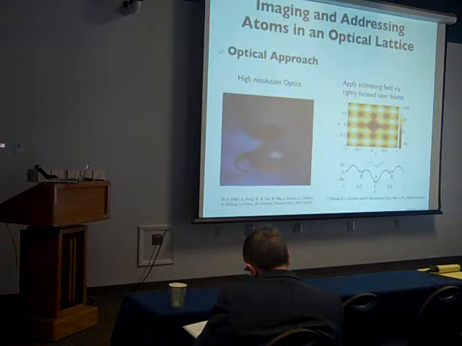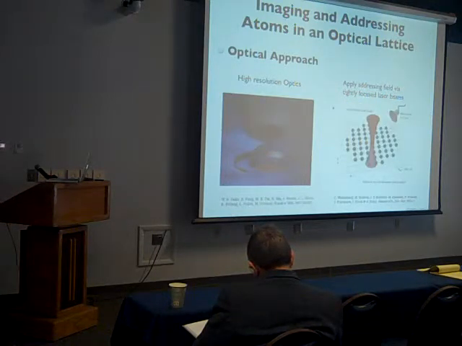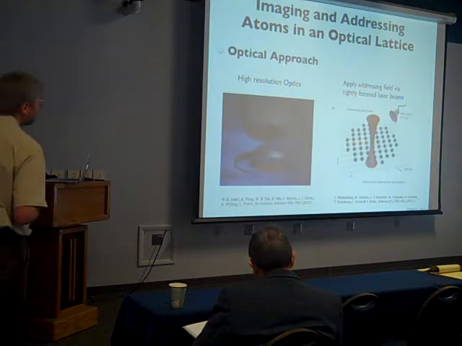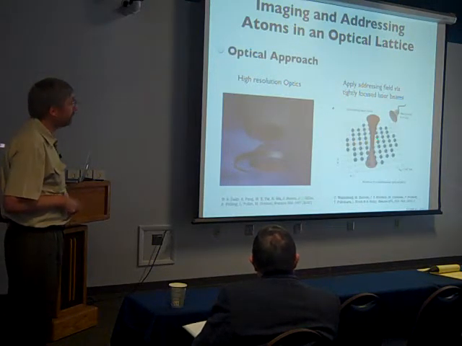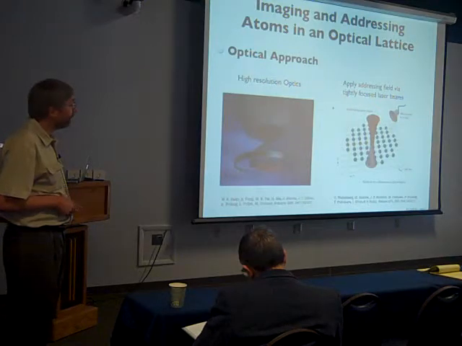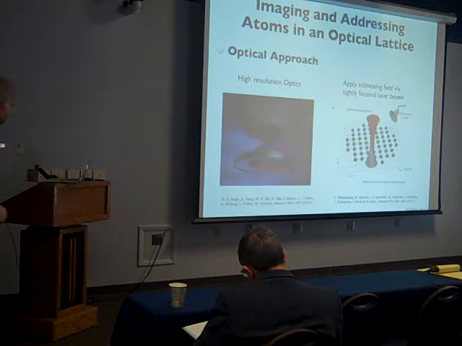Then if you shine microwaves on them, they would be resonant with this one, but not touch any of the other ones. This was done in experiments by the group of Immanuel Bloch some time ago: a tightly focused laser beam, microwaves shining on, and flipping the state of just one of these atoms.